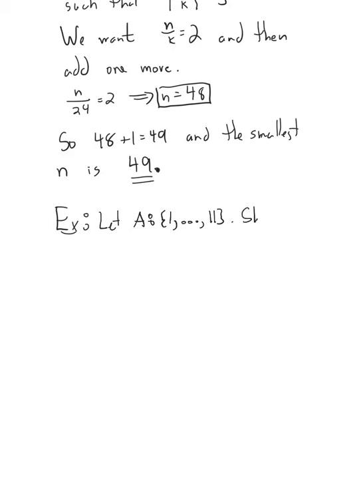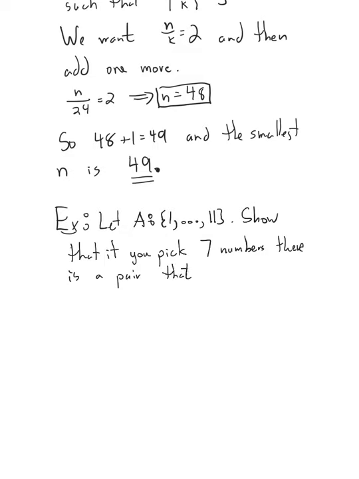Let's show that if you pick 7 numbers, there is a pair that sums to 12. Well, the solution for this, our bins are going to be each pair of numbers that sums to 12.